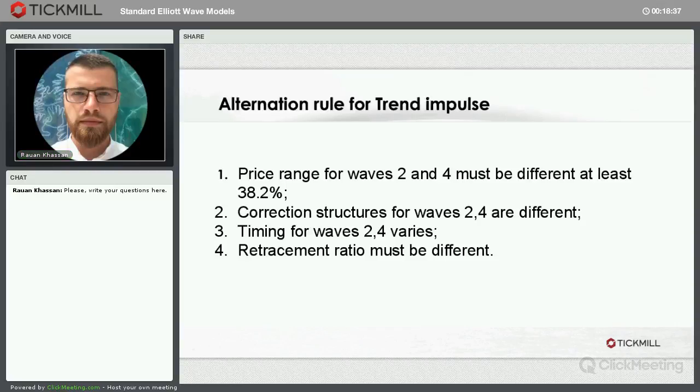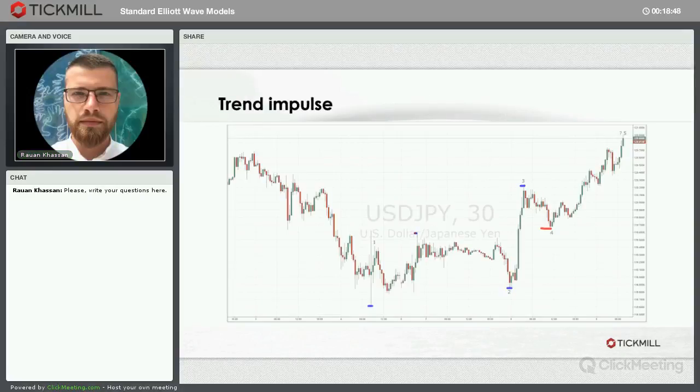Let's see if any of these rules are being applied on our chart. So we are going back to United States dollar to Japanese yen. What we can say if we compare waves 2, which are here, and waves 4, which is marked here.